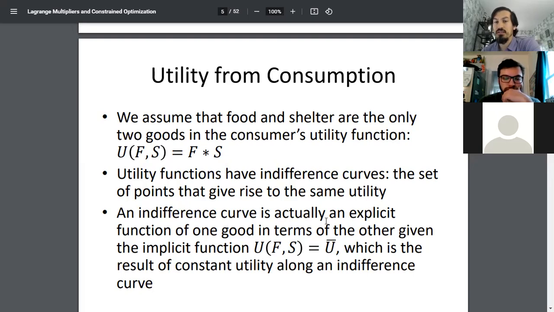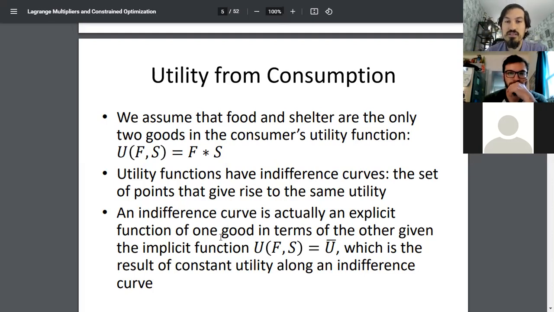That's an implicit function. It's also the definition of an indifference curve. So let me review that for people again. An indifference curve is defined to be all of the points that give you the same utility. Well, that's what u bar is. U bar is a constant level of utility. Any combination of f and s that gives me that utility defines the indifference curve. So that's an indifference curve.